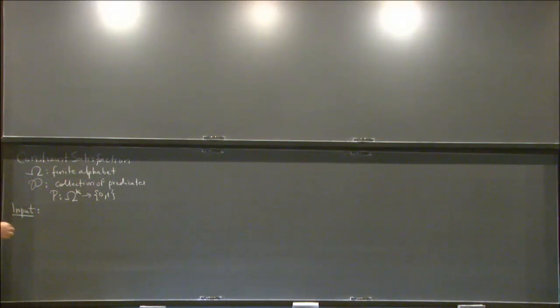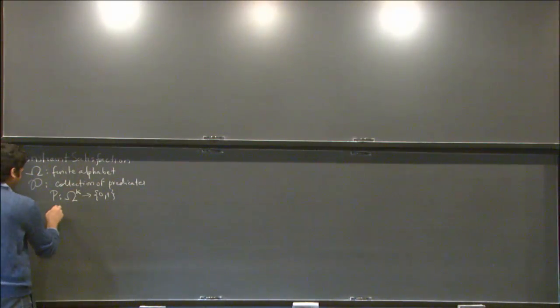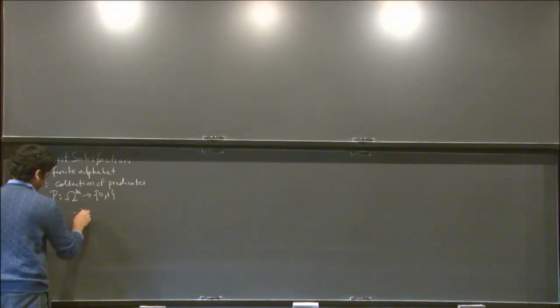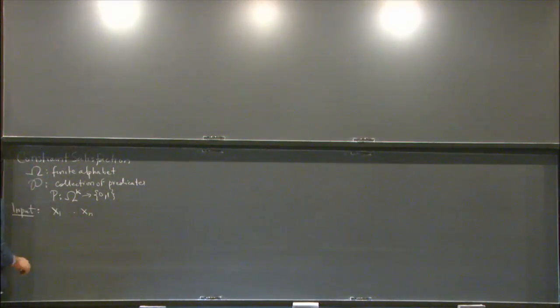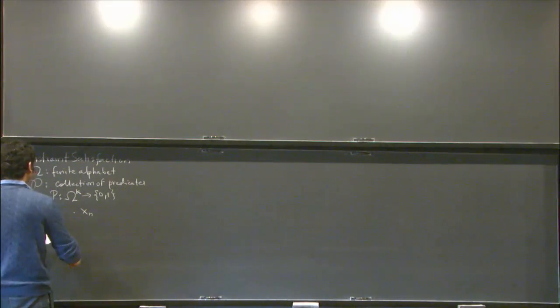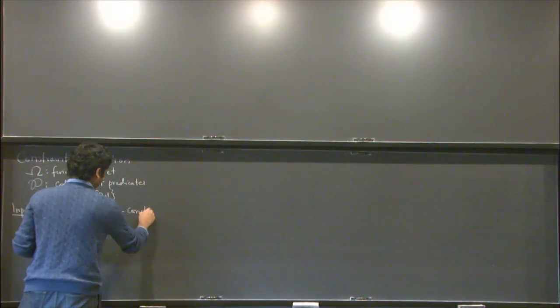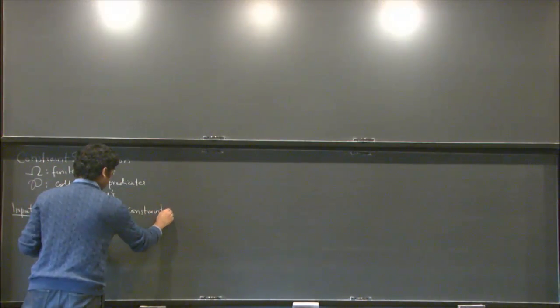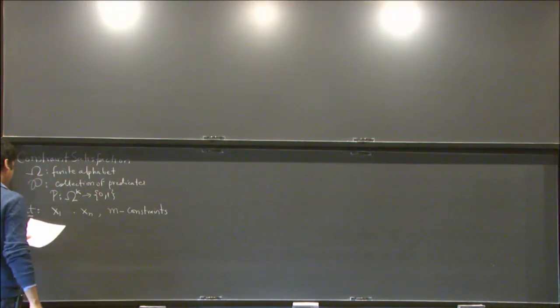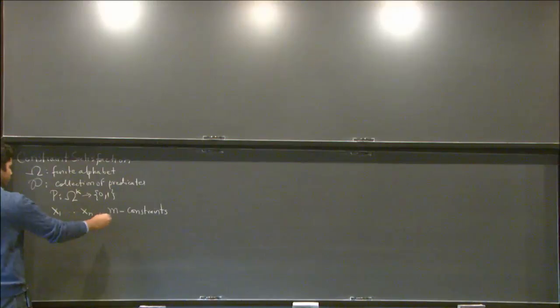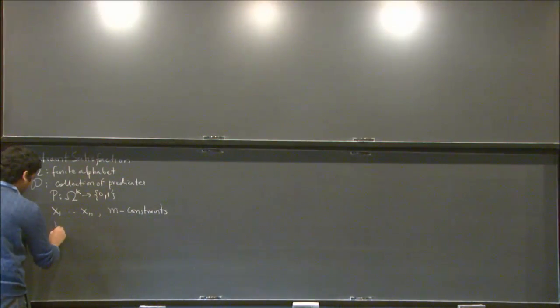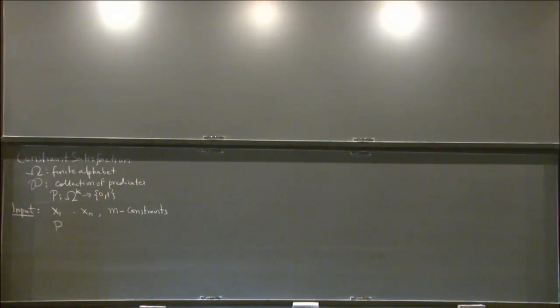In this problem the input is an instance which looks like this. So you have n variables, and again the intention is that they'll take values in the alphabet omega, and you have m constraints, and each constraint looks like this. It's a choice of a predicate P from this set.